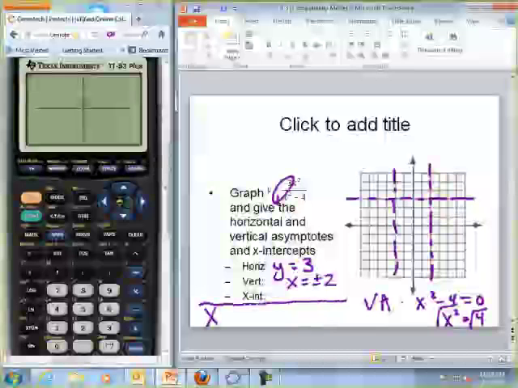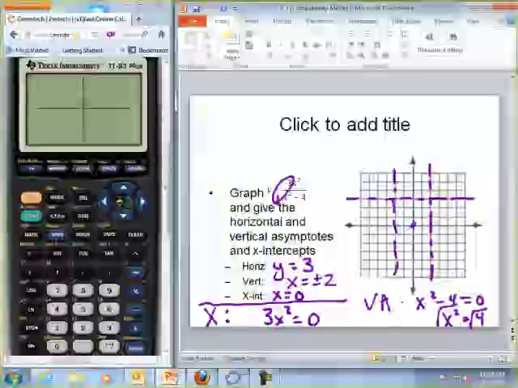The last thing we need to find by hand are our x-intercepts, and for those we set the top equal to 0. And what do we get? Zero. So we have an x-intercept at x is 0.